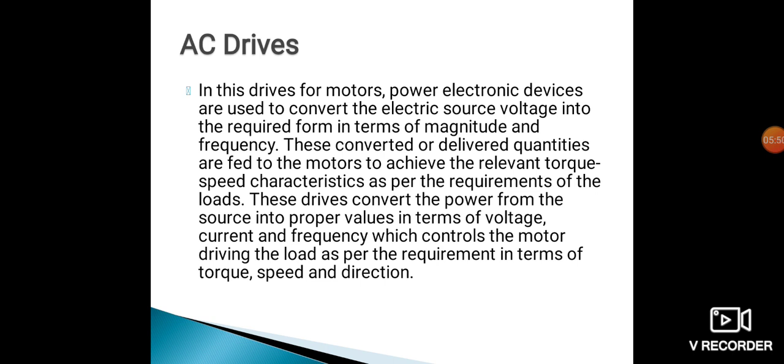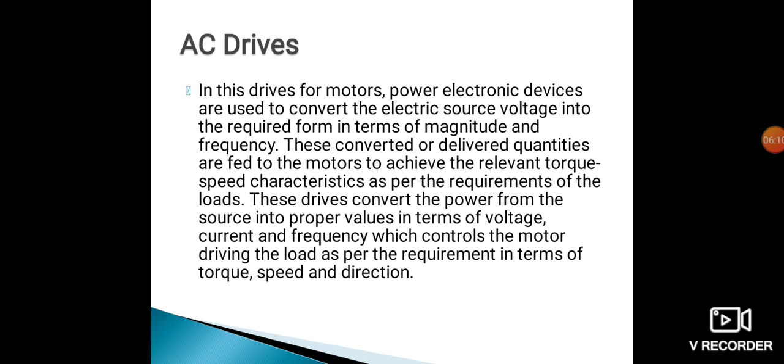The drive converts the power from the source into the proper value in terms of voltage, current and frequency, which controls the motor driving the load as per the requirement in terms of torque, speed and direction.